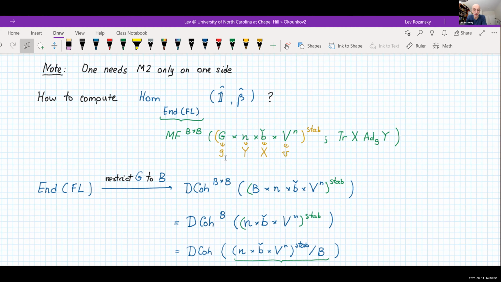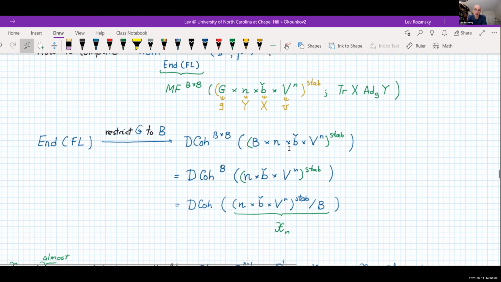Now your matrix factorization turns into a B-square equivariant coherent sheaf. You still have to impose stability. Then you use one of the two Borel equivariances to unwind the Borel group here. So you remove this Borel by using, let's say, the second Borel.